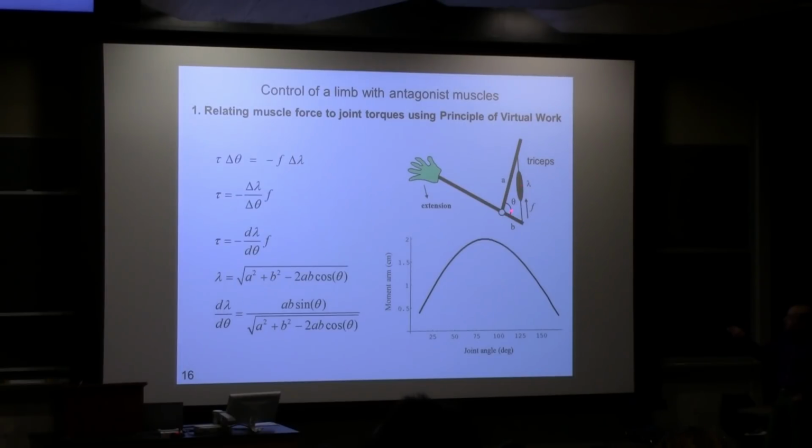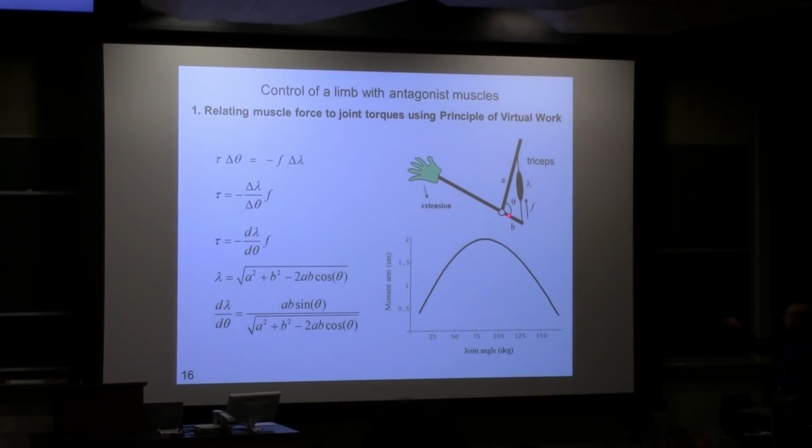It's going to cause a change in the length of the muscle. It's going to produce a torque on this joint, which is going to cause a change in the angle of the elbow. So tau d theta is force d lambda, where they're negative because this force is causing a length that's decreasing, but it's doing work.